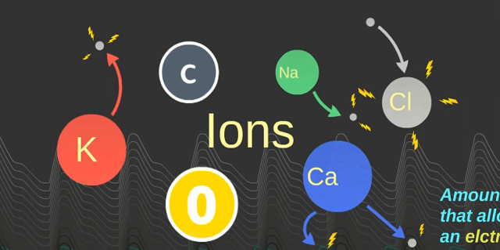Normally when these atoms are inside of a solution inside of our body, inside of our blood, they ionize, and we can see potassium over here becomes a positive ion because this electron goes elsewhere. We can see the sodium and calcium, how they all have positive ions because electrons are moving outward.